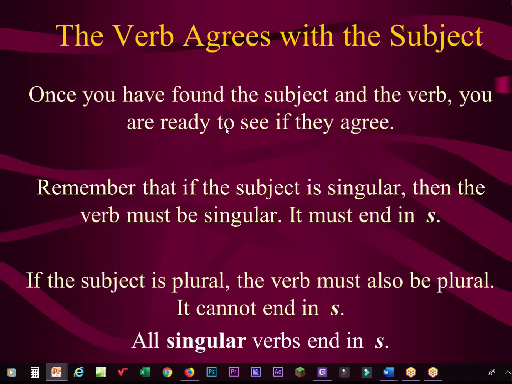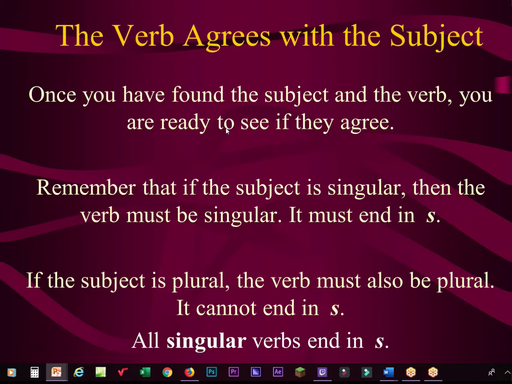In order to take the test, of course, you're going to have questions over whether or not the subject and the verb agree. It will all hinge on the subject. So once you have found the subject, then you have to find the verb, and you have to see if they agree. Here's how you do that. If the subject is singular, your verb has to be singular also.